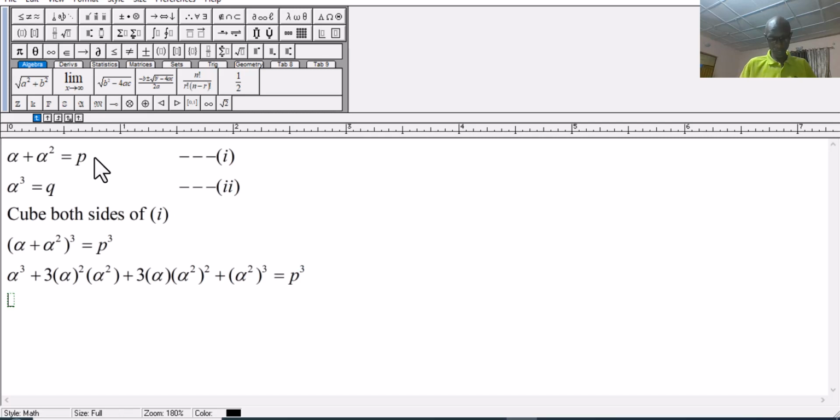Just watch as I go about simplifying this. This will give us 3 alpha to the power of 4 plus 3 alpha to the power of 5 plus alpha to the power of 6.